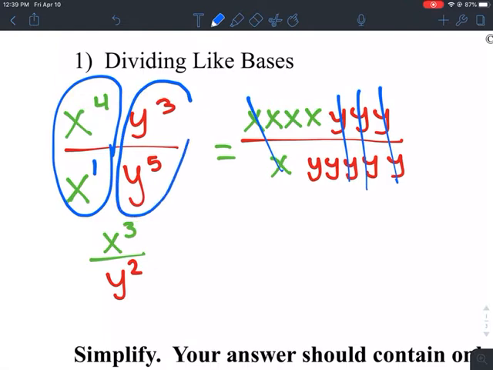Then with the y's, I did the same thing. We did 5 minus 3 equals 2. The important difference here is there were more y's on the bottom, right? The bigger exponent was on the bottom. So that means that that base, the y, is going to stay on the bottom of my fraction. Okay, that way we don't have to worry about getting negative exponents.